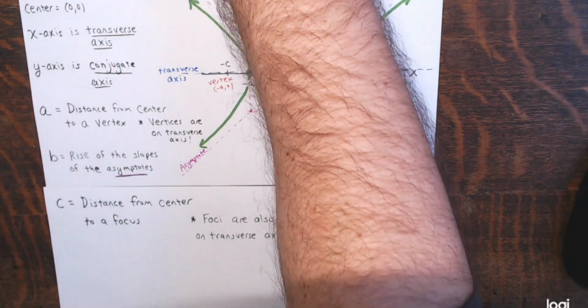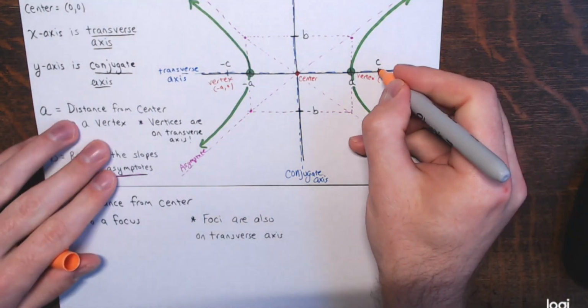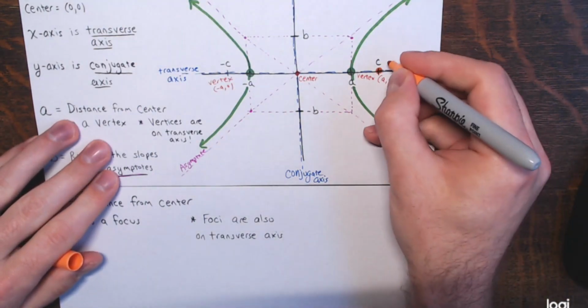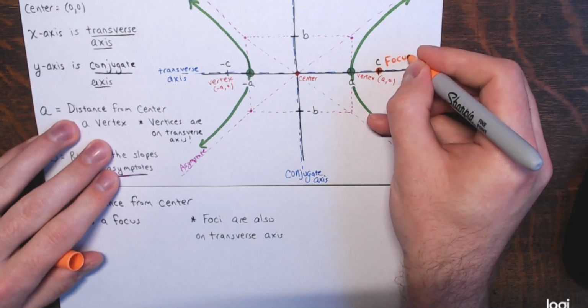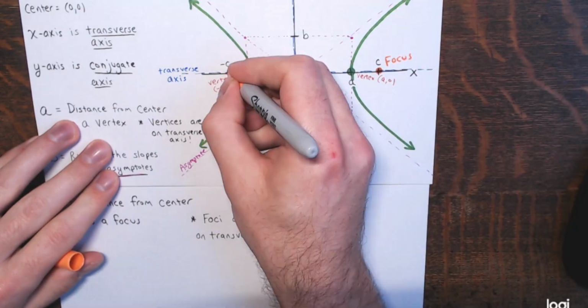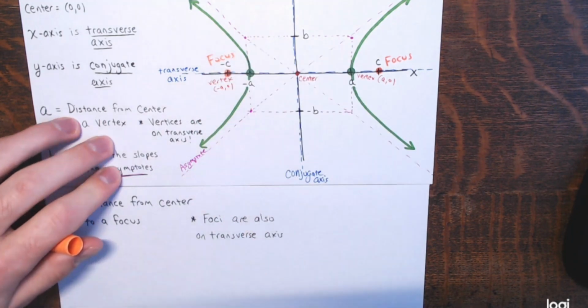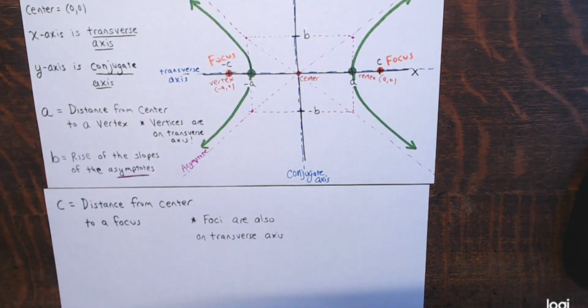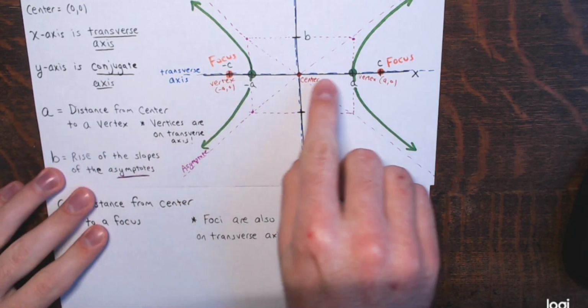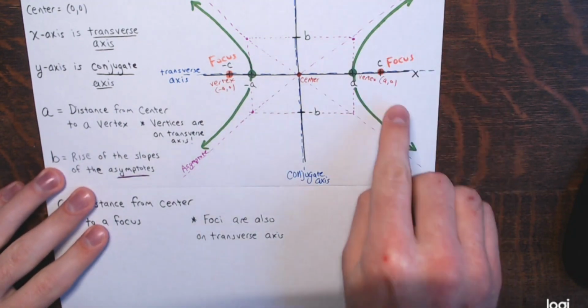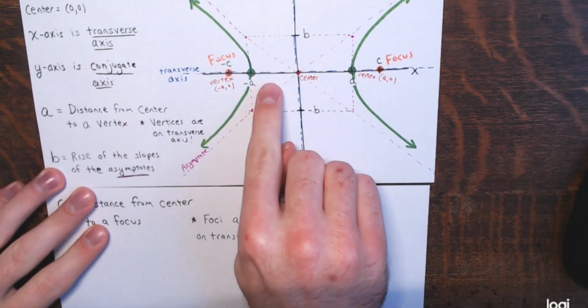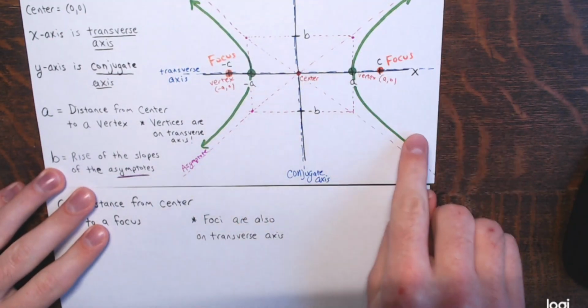Right. So again, this is not a solution. So here's a focus at (c, 0). Here's another focus at (-c, 0). Right. And another thing too, these foci should always be inside the curves, right? Not between them. They're going to be surrounded by the curves, these foci.